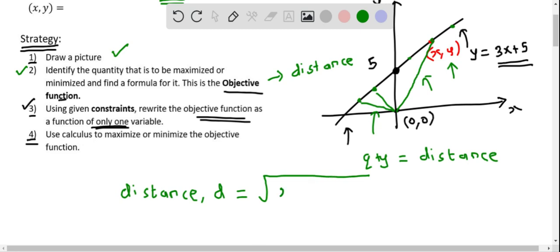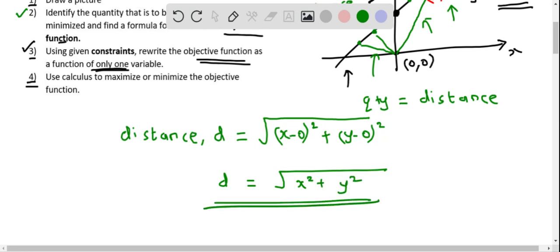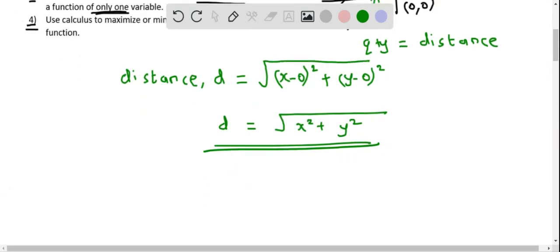When I do that, I get x minus 0 quantity squared plus y minus 0 quantity squared. So this is the distance. Let's simplify: d equals the square root of x squared plus y squared. This is the objective function, or the distance function. We can also write it in function notation as d of x equals the square root of x squared plus y squared.